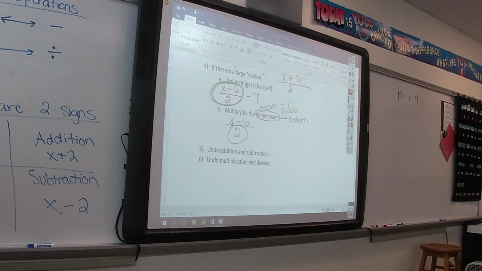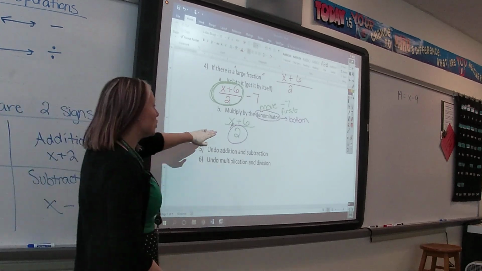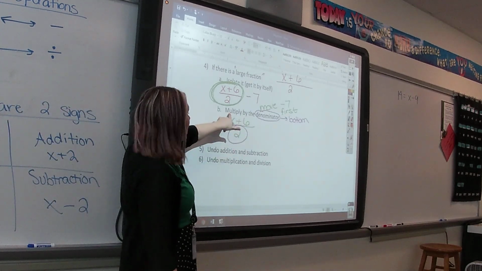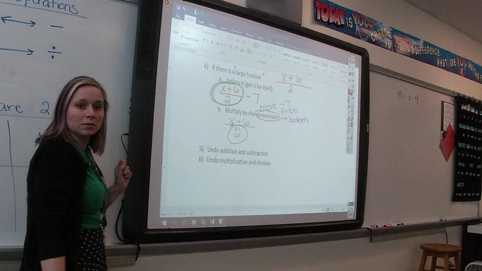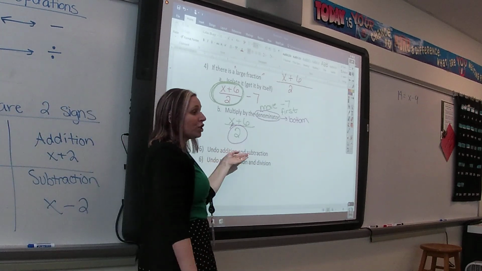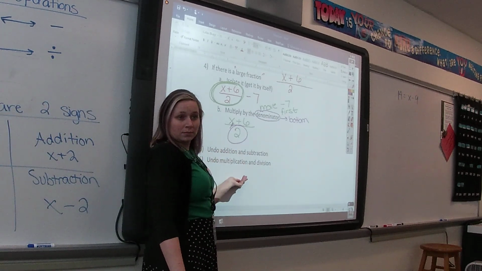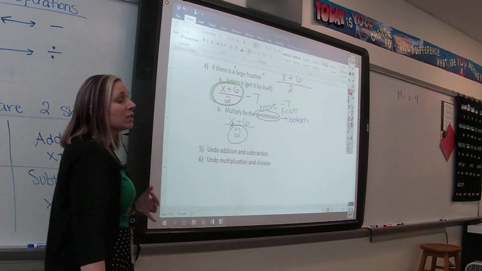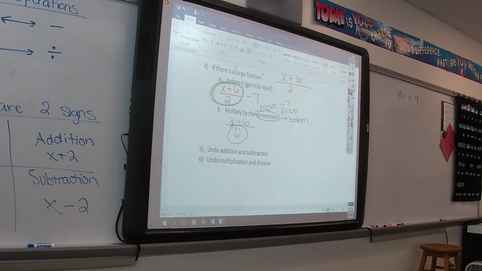How do we undo division? Multiplication. This fraction is division, so that's why I'm telling you to multiply by it. Once you do those steps, you should be down to something that looks just like what we did in the POD, something that we've already talked about, something that we are able to solve.